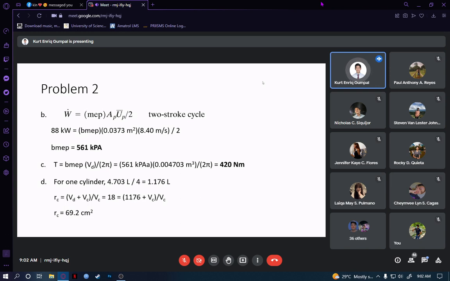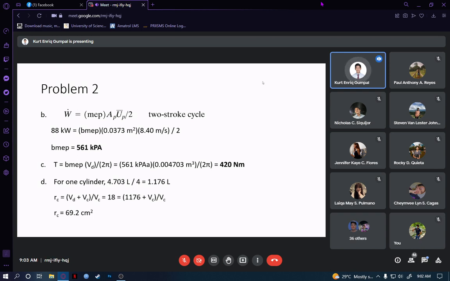Thus, since naatay displacement volume plus napagitay compression ratio, we simplify the equation to 18 is equivalent to the sum of your 1,176 cubic centimeters plus your VC, which is unknown, divided by your VC, which is unknown.